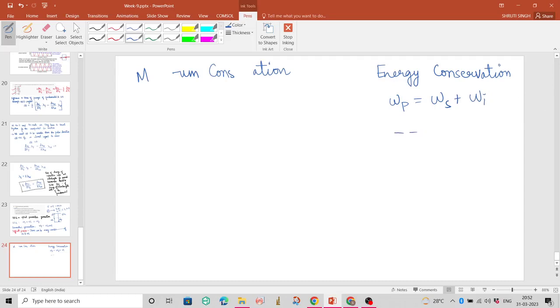Energy conservation can be denoted pictorially like this: we have one omega pump, and it can give omega s, signal, and omega I, idler, so omega s plus omega I. Right, now the momentum conservation.